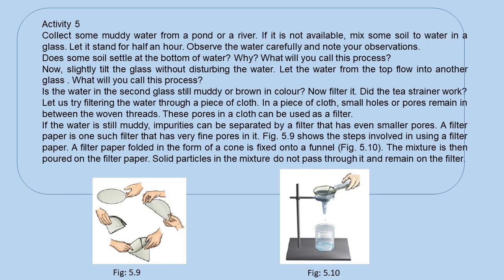The mixture is then poured onto the filter paper, and solid particles in the mixture do not pass through it and remain on the filter. So it is all about the filtration process and how filter paper is used for filtration.